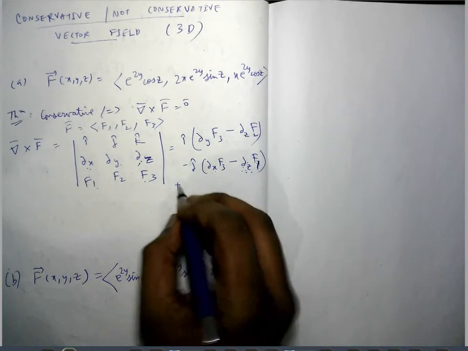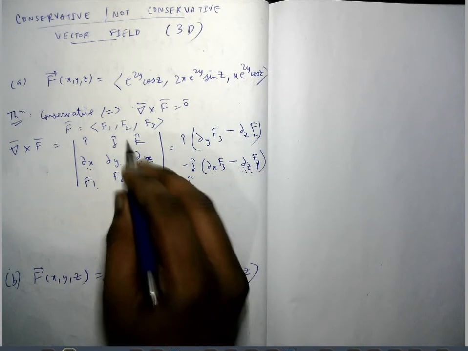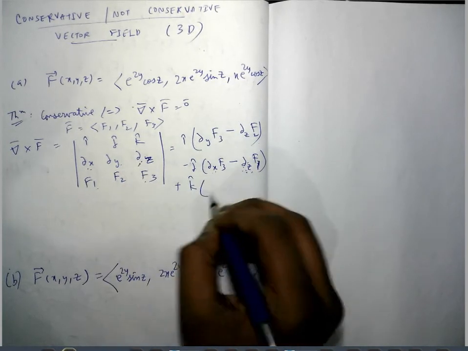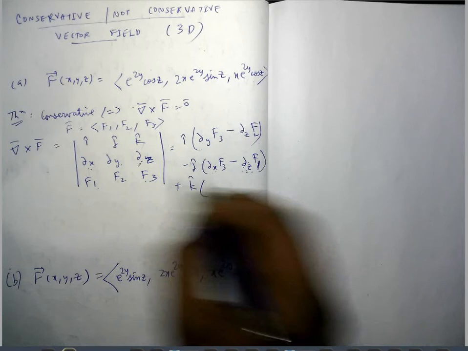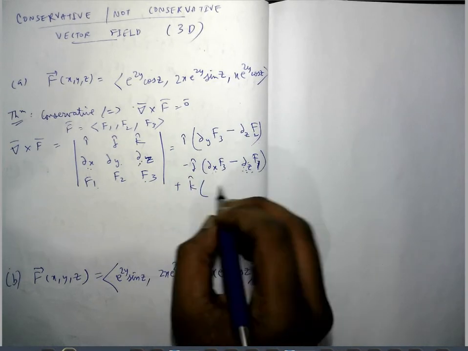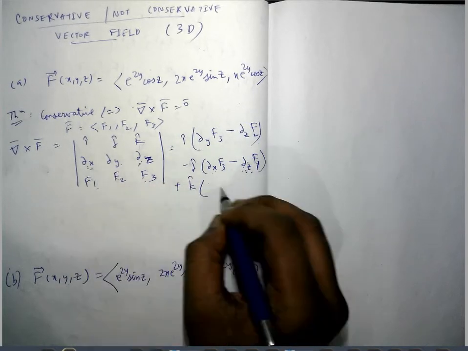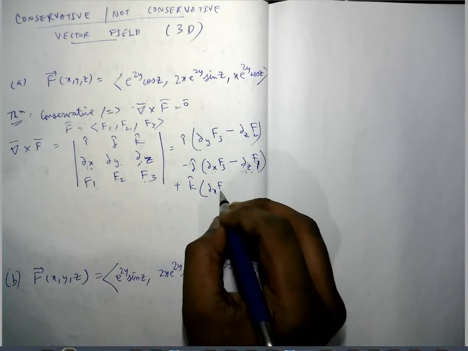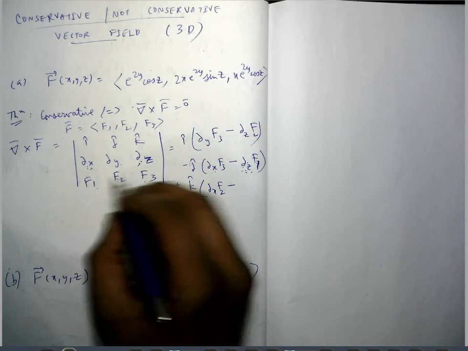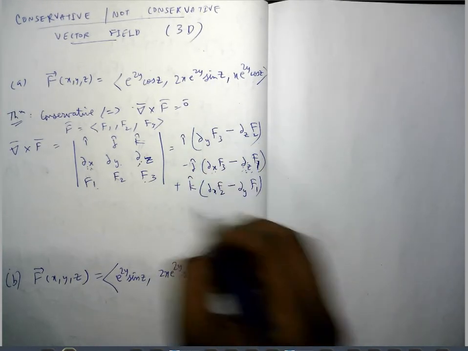It is written in this fashion so that we can remember it, but it is not exactly a determinant. So plus k cap times the partial derivative of f2 with respect to x minus the partial derivative of f1 with respect to y. So this is the curl of f.